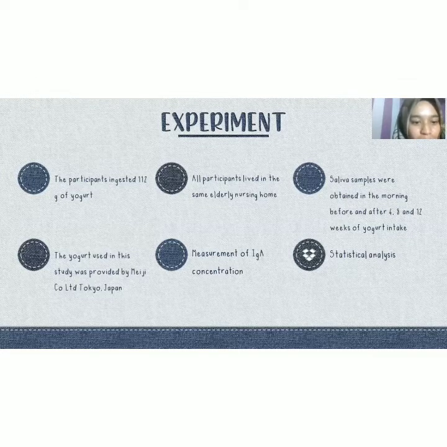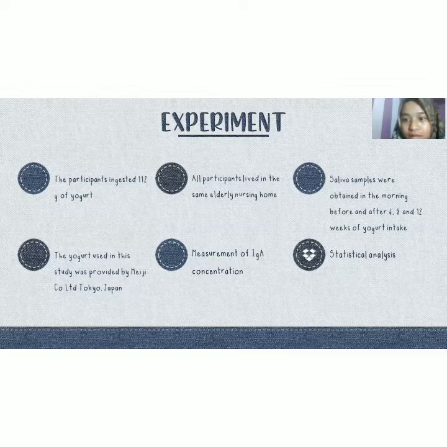The reaction was developed after the addition of tetramethylbenzidine substrate in the dark at room temperature for 15 minutes and stopped, after which the absorbance was measured at 450 nanometers using an automated microplate reader.